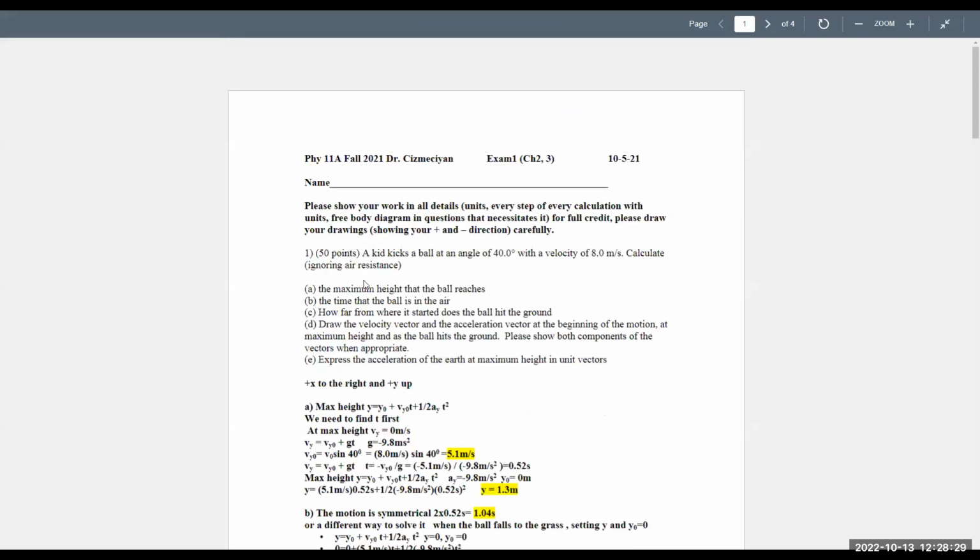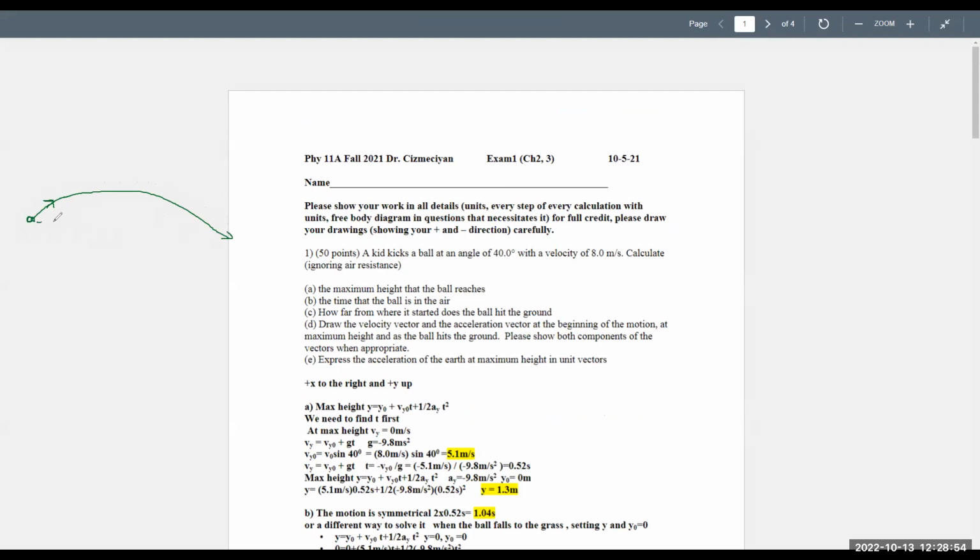This is your key. So the first one says the kid kicks a ball at the angle of 40 degrees. Okay, so then you have your initial diagram, right? You kick the ball over here.